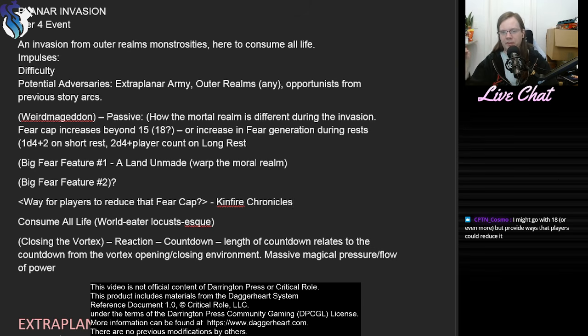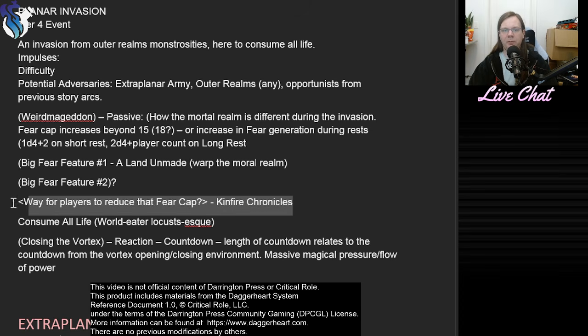Kinfire Chronicles is a cooperative card game in that same setting, and the bosses of each scenario in Kinfire Chronicles will sometimes have ways that you can do side objectives in order to reduce the difficulty of the main objective, or to make it possible to use certain types of cards to address key challenges.